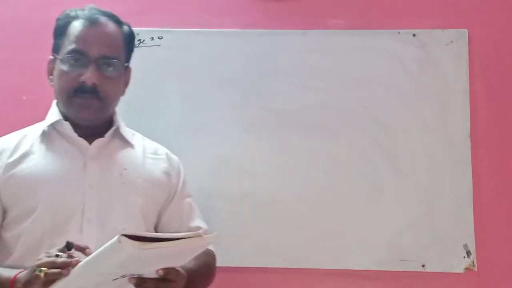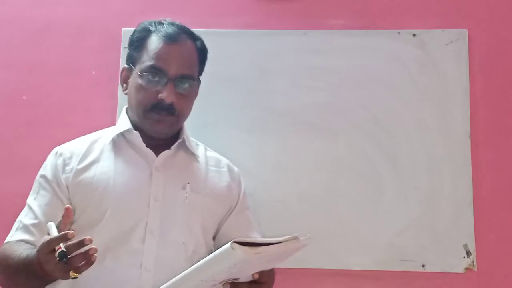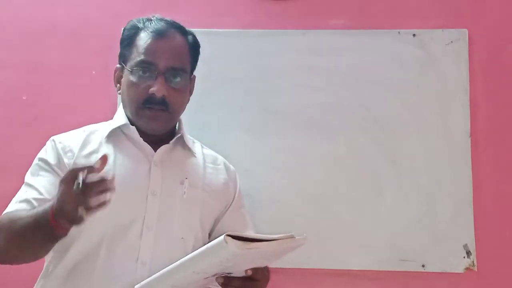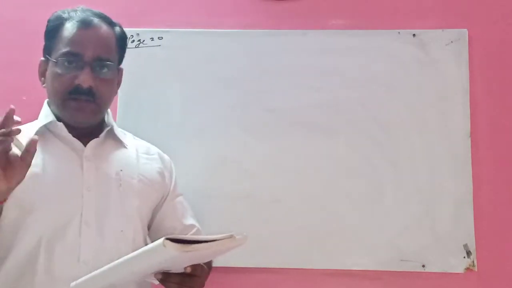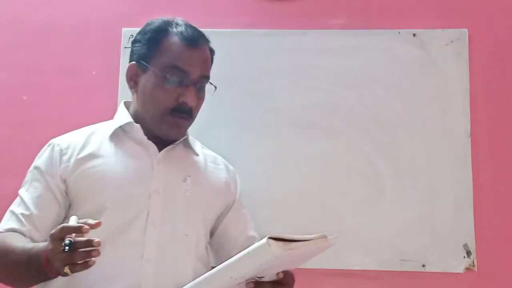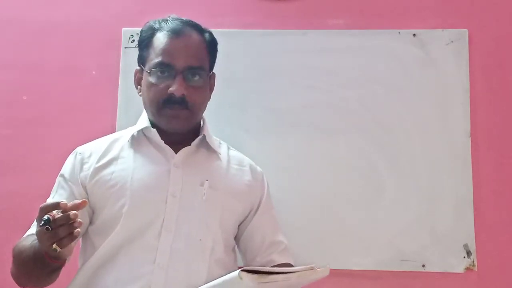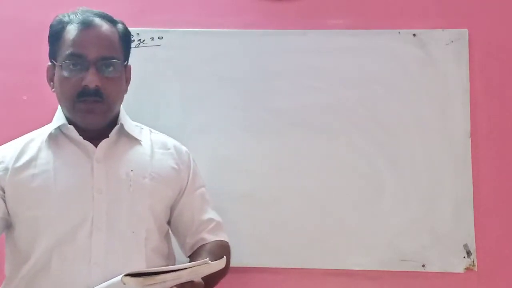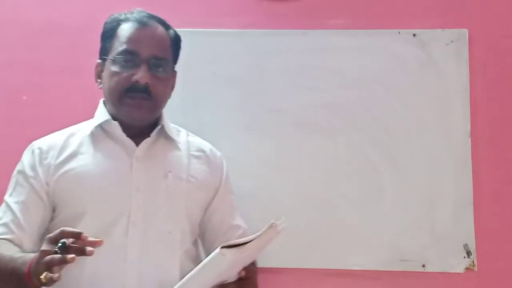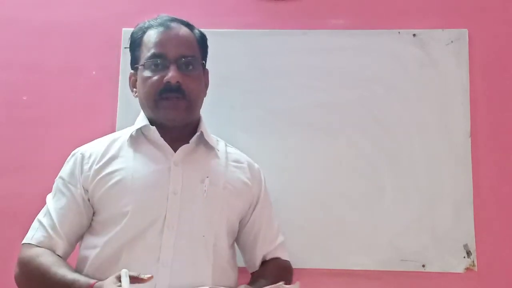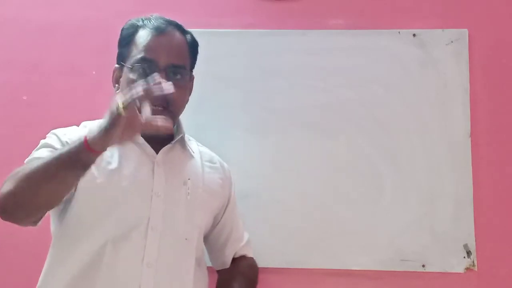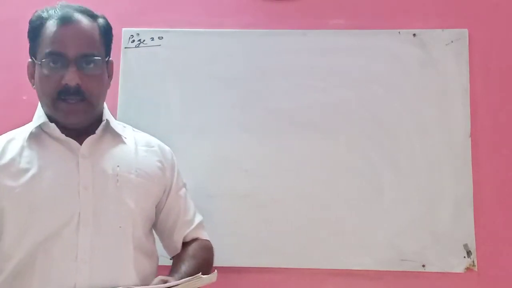Children, in this sum, what is unknown? That is length and breadth. The condition is given that length is more than double its breadth. Whatever is unknown, you should take as x and y.